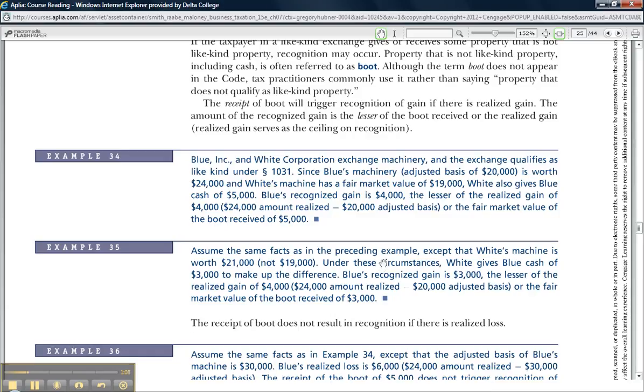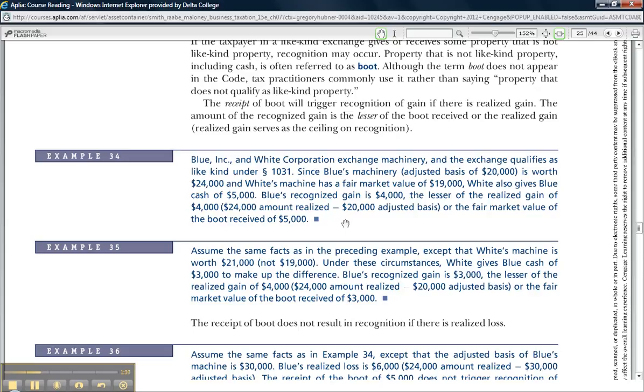Basically, they give you an example, like in this case right here, where you first calculate realized gain from a taxpayer exchanging property with another taxpayer, and then you figure out how much gain is recognized. So the general rule is the lesser of the gain amount or the boot received is recognized as gain, and the rest of the gain, if there is any, is deferred under the typical like-kind exchange rules.